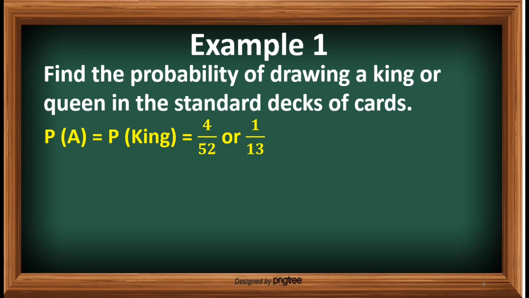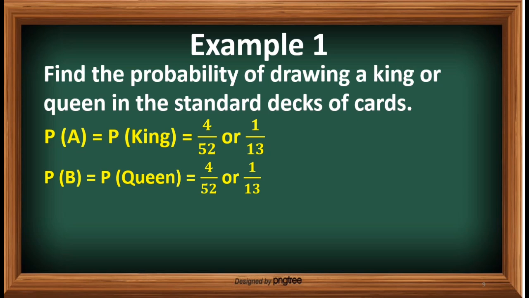So let's find first the probability of getting a king. Let us denote as your first probability, which is event A, the probability of getting a king. Out of 52 cards in a standard deck, we have 4 kings, or 1/13 in its lowest term. Then probability of B, our second event, is drawing a queen.